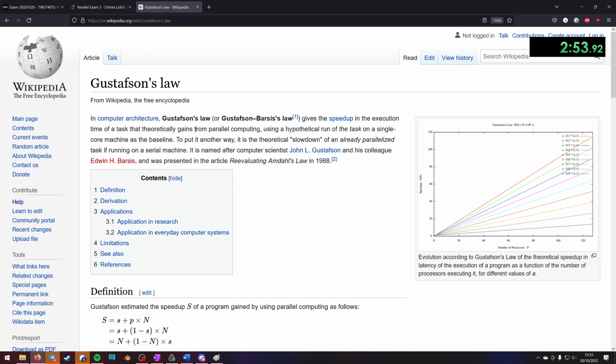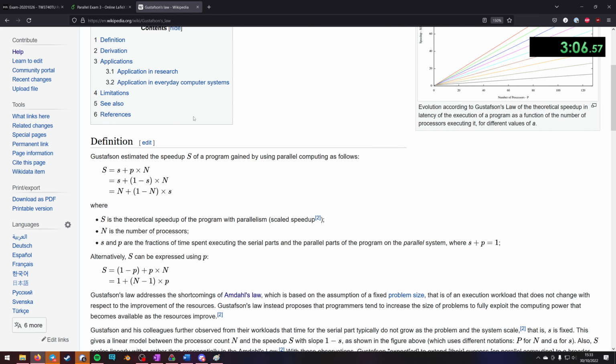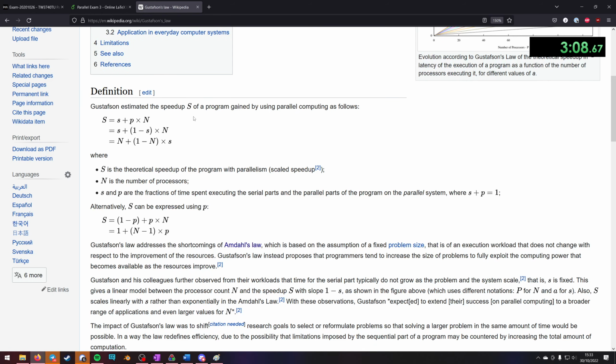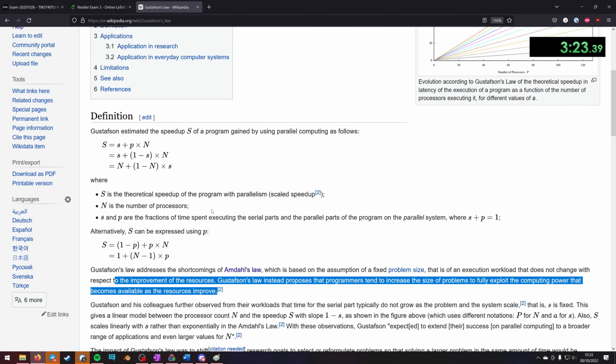A hypothetical run of the task on a single core machine is the baseline. It's the theoretical slowdown of an already parallelized task if it's running on a serial machine. This is based, by the way. This is true. If you get better hardware, you don't just calculate faster, you get bigger problems.